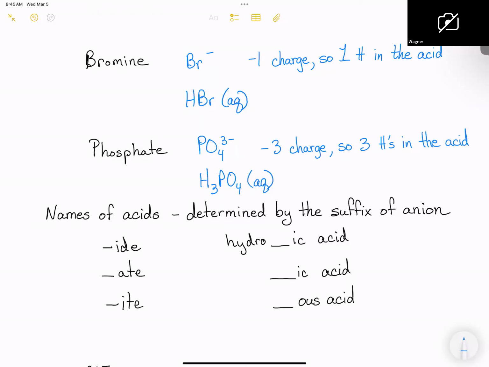Can you say those last 2 rules that you just said again? Okay. If the ending of the anion is IDE, then the acid is going to get the prefix hydro and the ending ic acid.